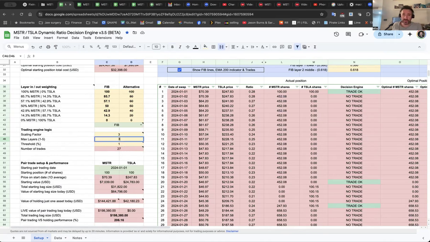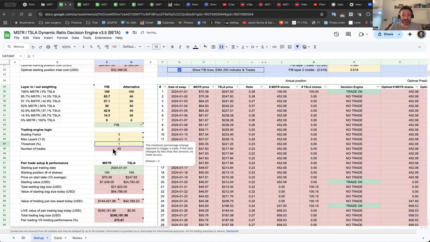So all I can say is sorry that I don't quite understand what they're doing, but you can see the effect that it has. Basically, these settings change the number of trades that are hitting, and also the weighting of how many shares are being swapped. So you can definitely see what it's doing, but understanding exactly why it's doing that is not 100% clear to me.